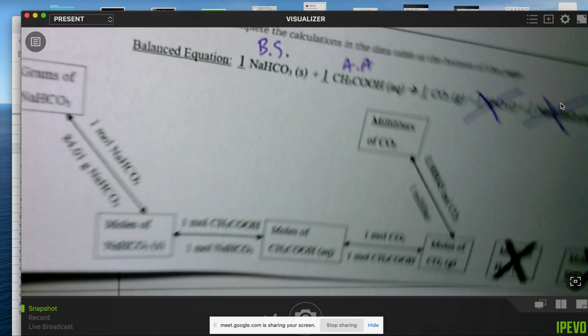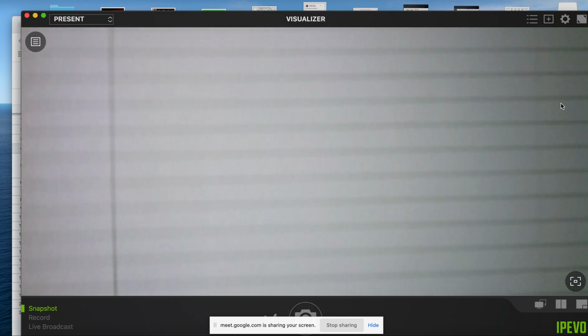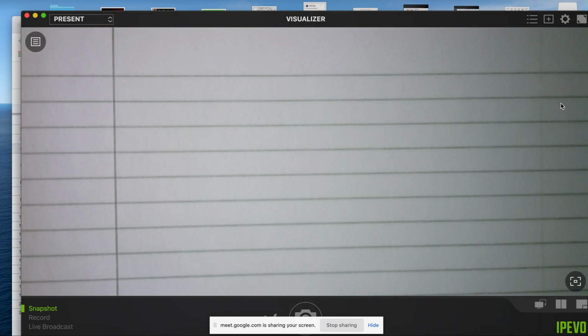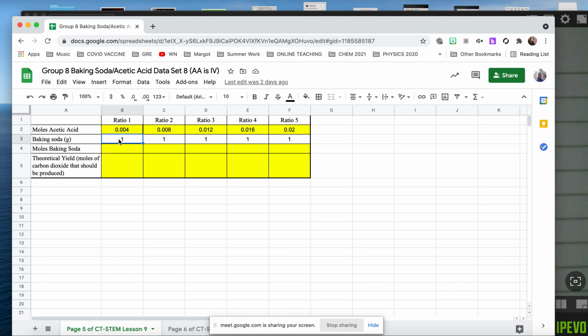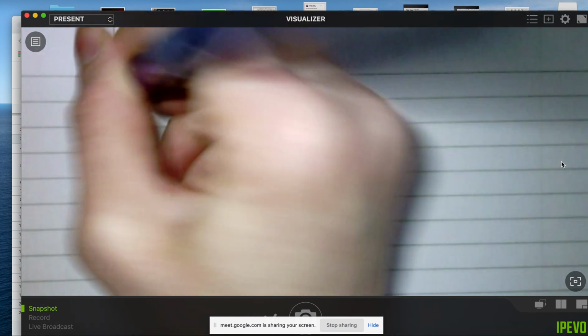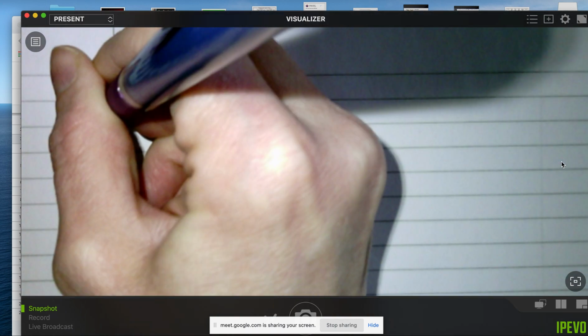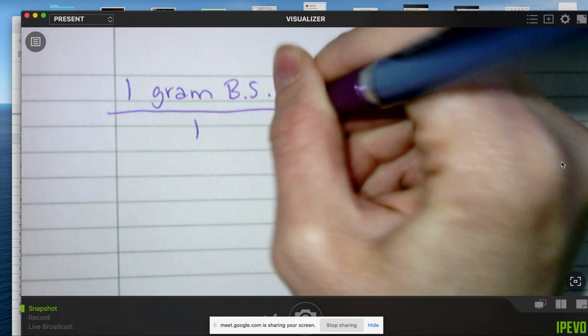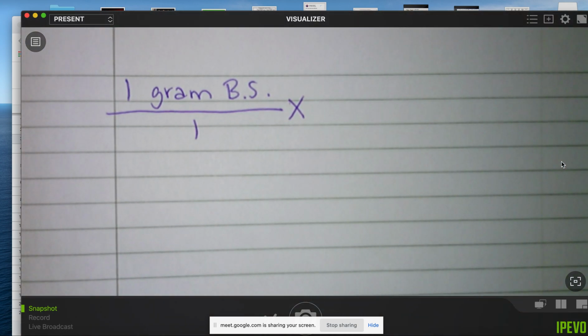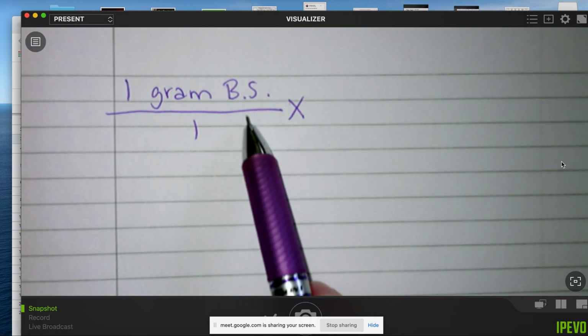Before I even look at this, I'm going to write down what I am given. Looking at my data, I have 1 gram of baking soda, and I put that over 1. Again, it's very important that we're using our labels here. We want to make sure we are using baking soda.